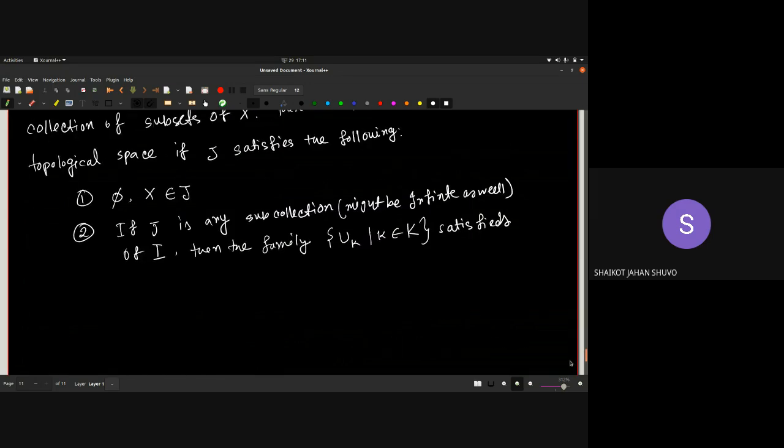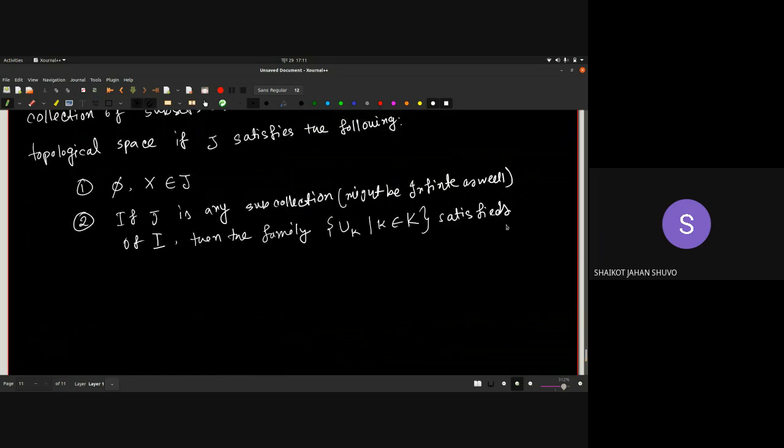Oh no, I started on the last page again. Okay, so this family of sets will satisfy the following requirement.